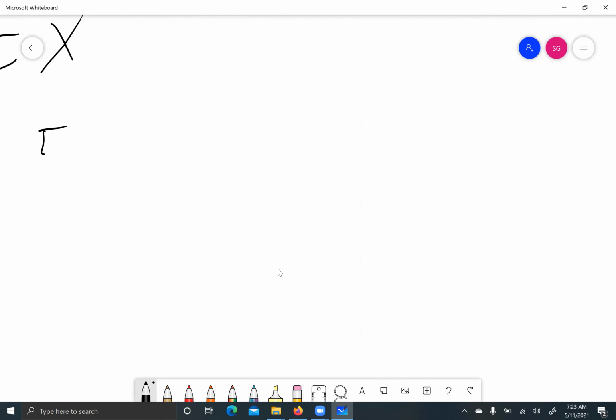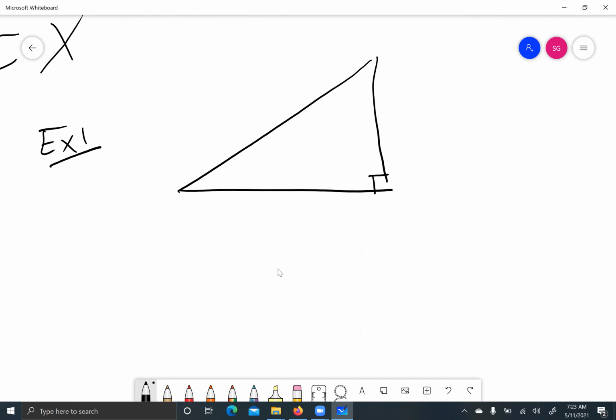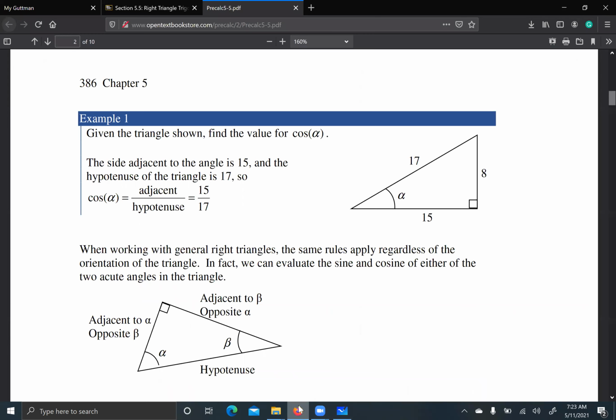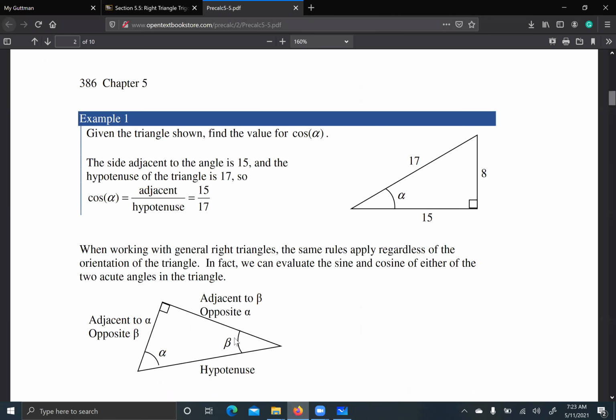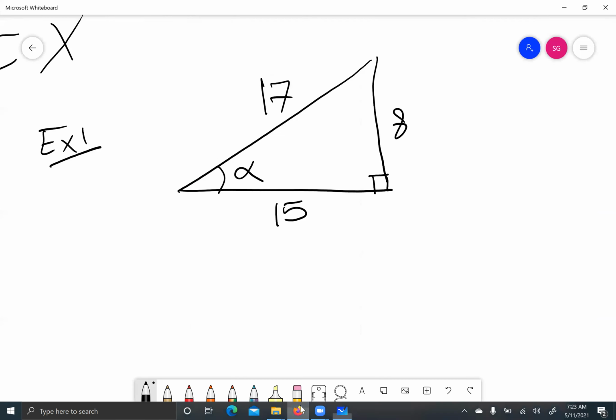A right triangle is given. This is angle alpha, and the sides are 17, 8, 15. The values of the sides of the triangle are given. Find the value of cosine of alpha.